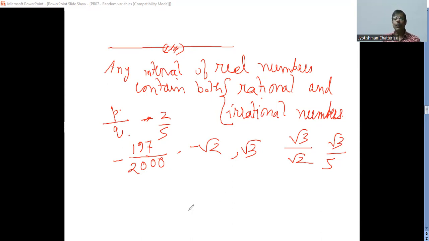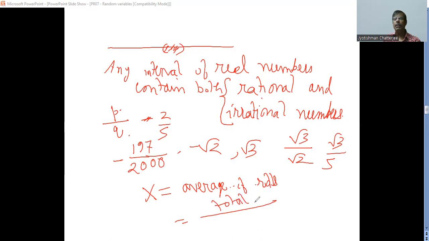Now look at the way we are computing x. X equal to average of the throws, average of the rolls, right? So that means total of all the rolls, total divided by number of times we have rolled.